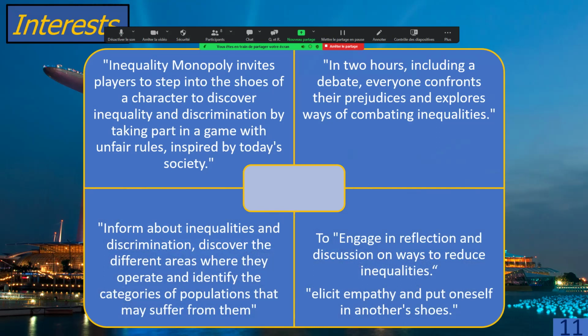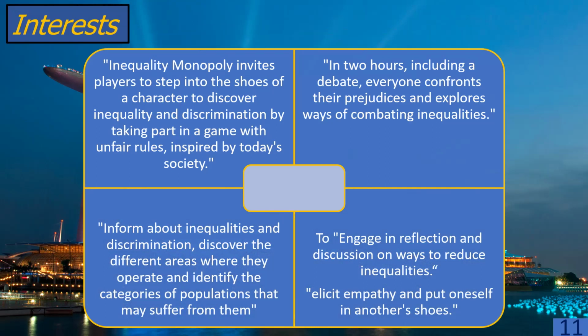Inequality Monopoly invites players to step into someone else's shoes, and to be aware of what this person can feel in everyday life, and what could be unfair. Some play, but also some debate. So you can engage the students by making some critical thinking activities, by having a big talk with the students about this.